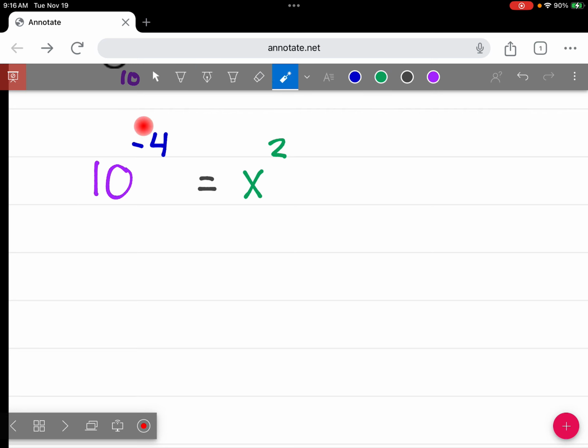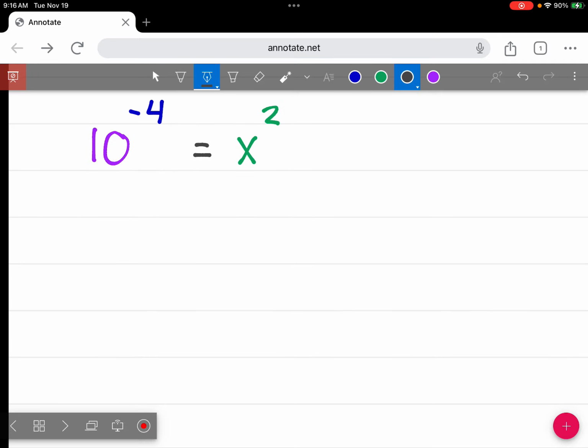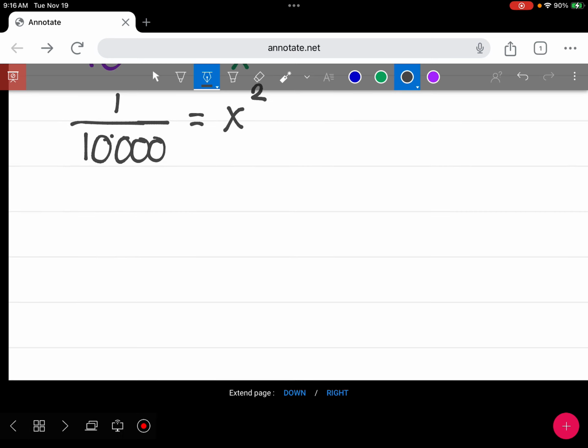Well, this we can do. 10 to the power of negative 4. What is 10 to the power of negative 4? As a fraction, yeah, 1 over 10,000, because it's 1, 2, 3, 4 zeros. Whenever you have tens, that's an easy way to do it. So we want to know what x is.